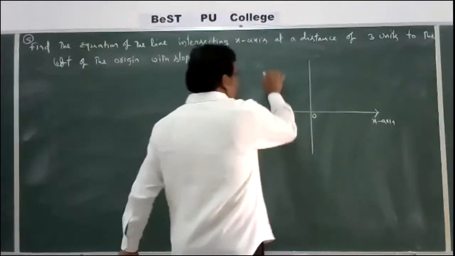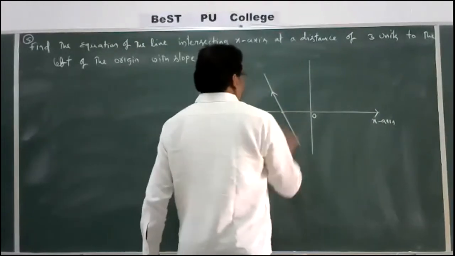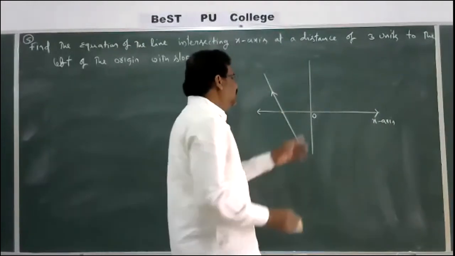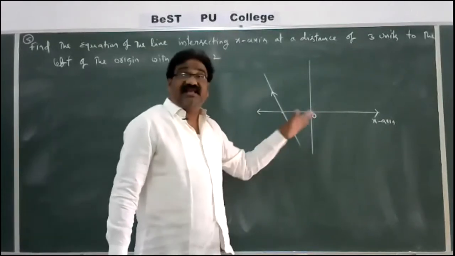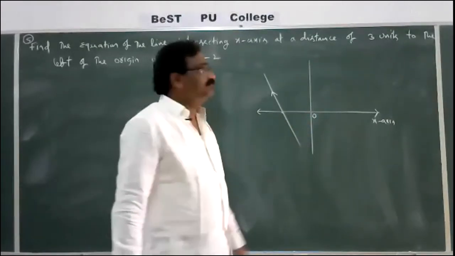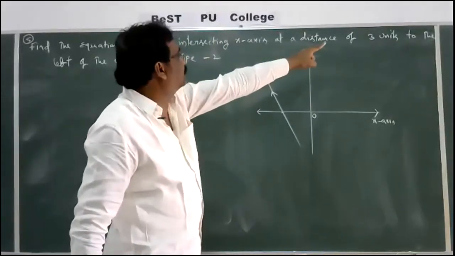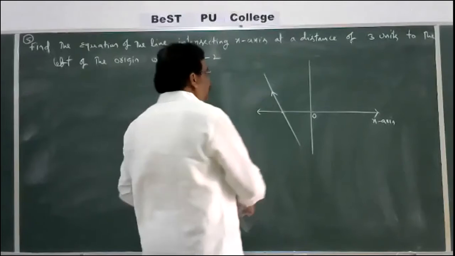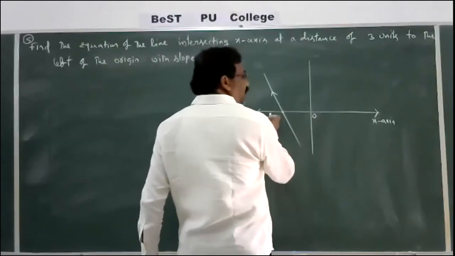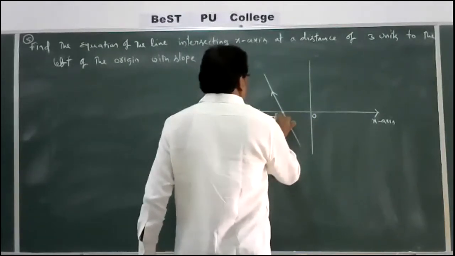This is the line. The line intersects the x-axis at a distance of 3 units from the origin on the left side. That is, this is the negative direction. That's why this point is -3, 0.